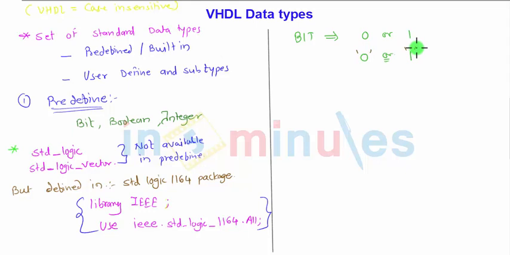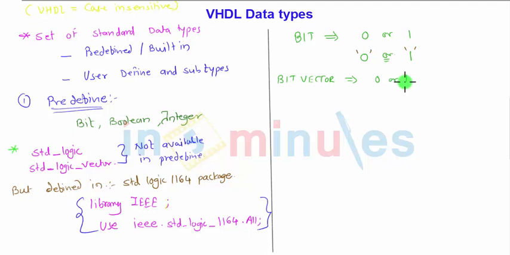Similarly, the bit vector can have only two values, just like bit, which is a single bit. Along with a single bit you can also use the bit vector, which will again have values of zeros or ones. The vector may consist of all zeros, all ones, or any combination of zeros and ones.